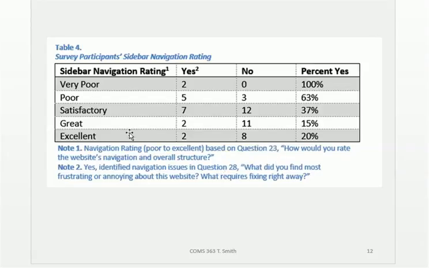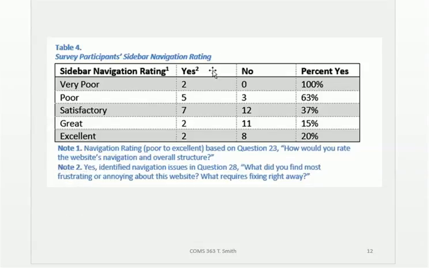Question 23 was the navigation rating based on the overall wording of the website's navigation and overall structure, and it's taken a specific answer item on the sidebar navigation within question 23. And it gives a little bit of a rating scale. There we go. Doesn't give numbers, but at least it gives words.